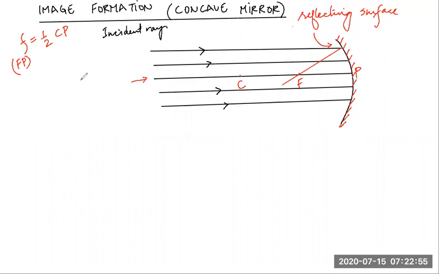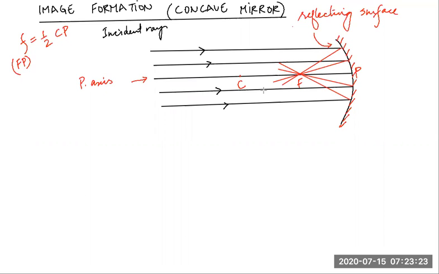This is your principal axis. Whenever a ray is parallel to the principal axis, it will always pass through focus. So I'll draw other lines also. This will also pass through focus, this will also pass through focus, and after getting reflected, this will also pass through focus, whenever the rays are coming parallel.